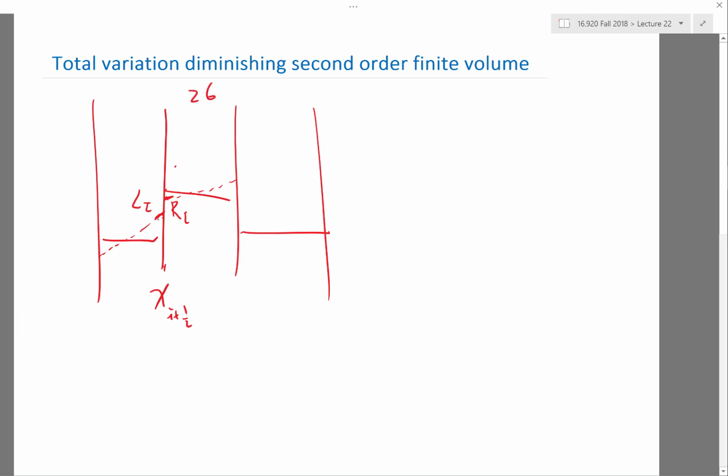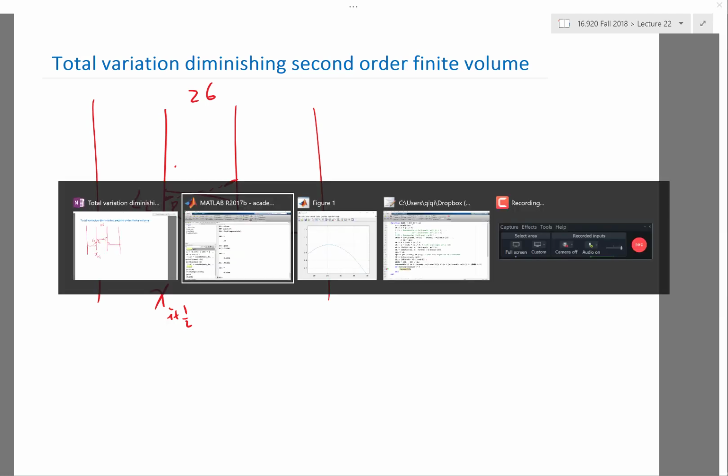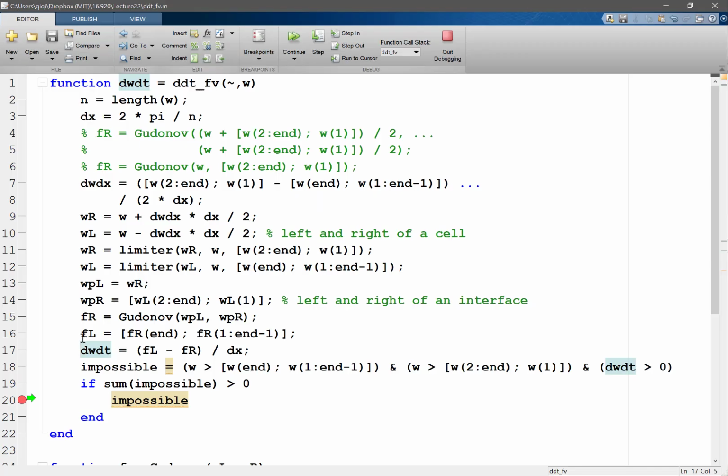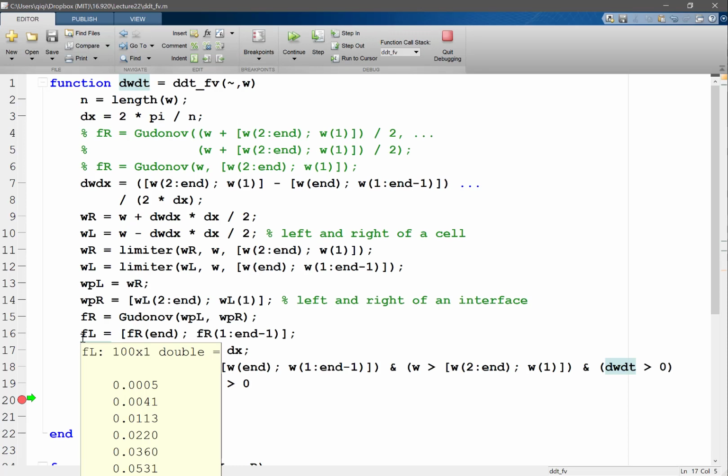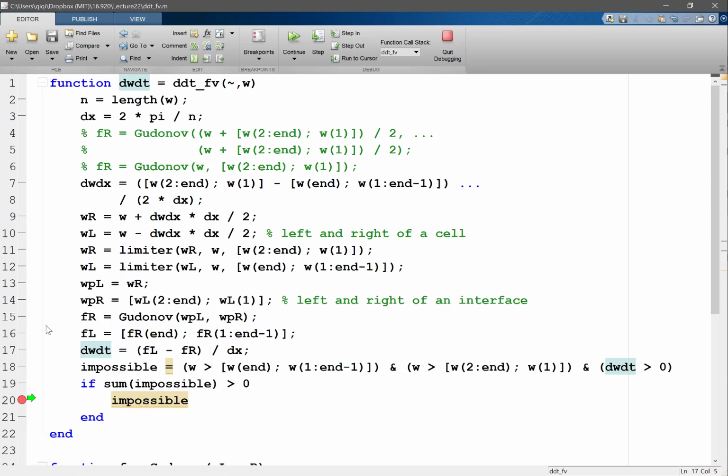We need to figure out what is the left and right reconstructed value on the interface on the left, and what is the reconstructed value, let's say, on the right interface, right? So that is again in the code. So basically we trace back from where the problem occurred to why it occurs, basically backwards through the calculations.